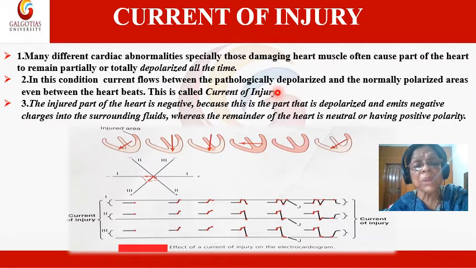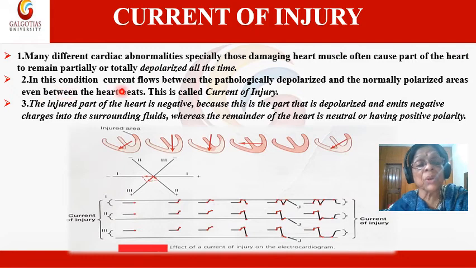So what happens if some part of the cardiac tissue is damaged is that the area becomes totally depolarized all the time. So there is always a flow of current between this depolarized area and the polarized area of the heart.